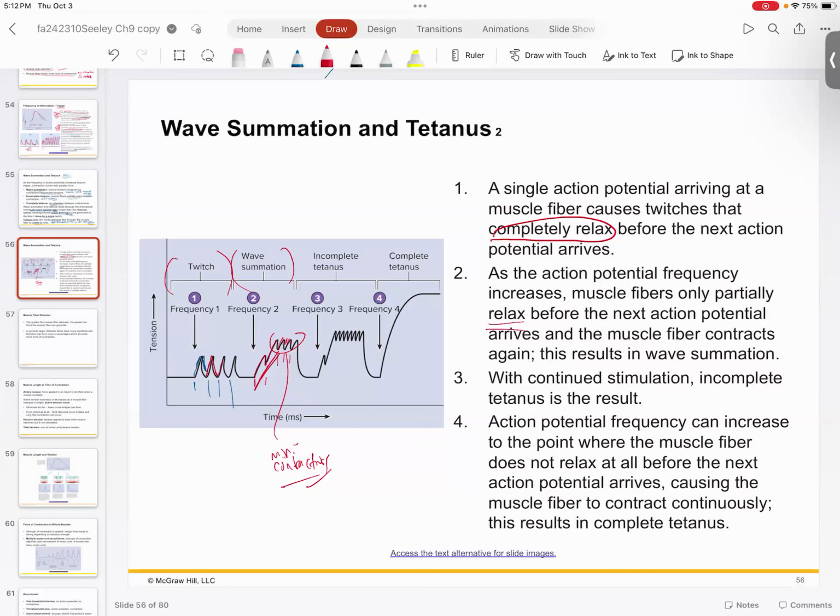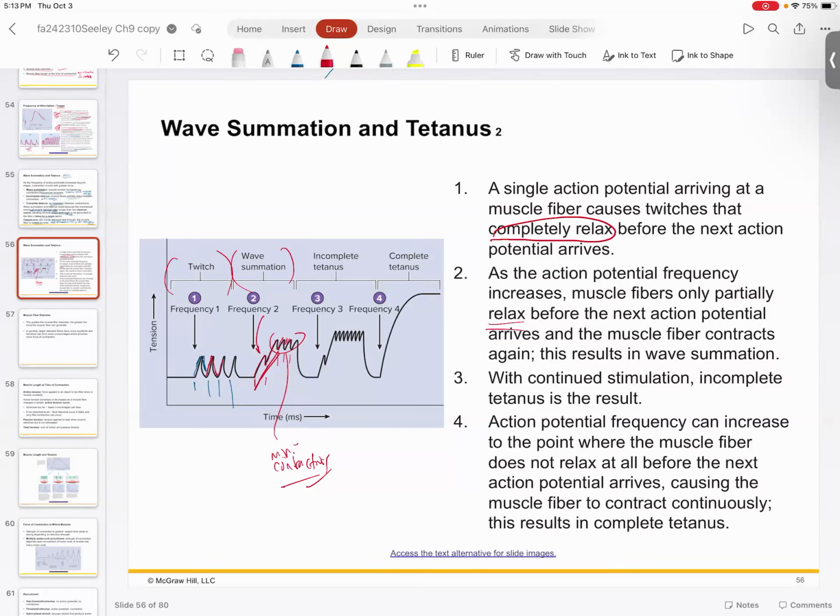They're kind of adding together. And that's wave summation. That's sort of climbing up the original hill until you get to that point where you get that sawtooth effect where you have a little bit of relaxation, but not full relaxation.